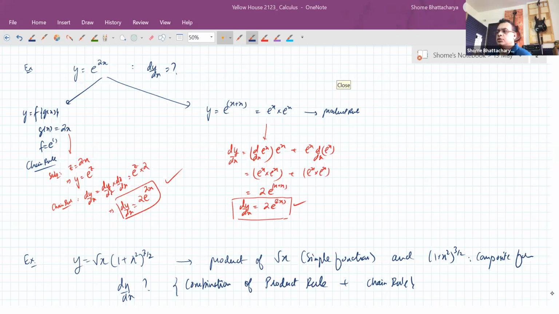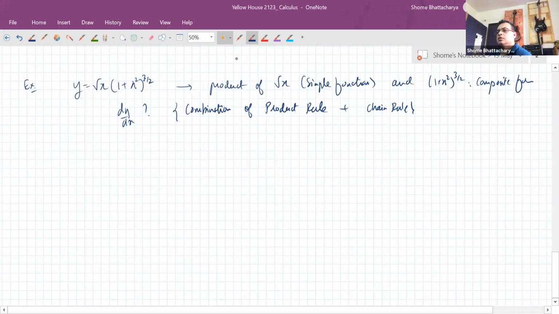Okay, so let's come to this question. So what we can do is here, y is equal to root x into 1 plus x squared to the power 3 by 2. So in this, let us treat 1 plus x squared to the power 3 by 2, let's take this only as z first.